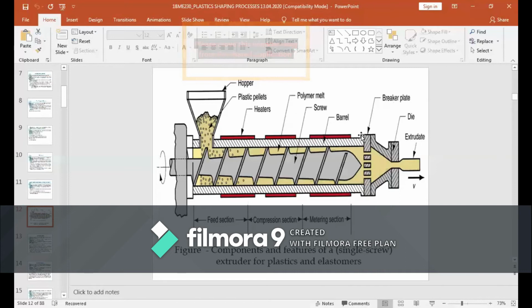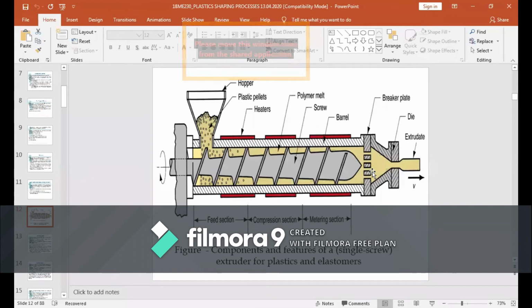The rotary motion of your pellet is converted to a linear motion, that is straight motion, by means of this breaker plate. The breaker plate consists of sieves, and that breaker plate will help.